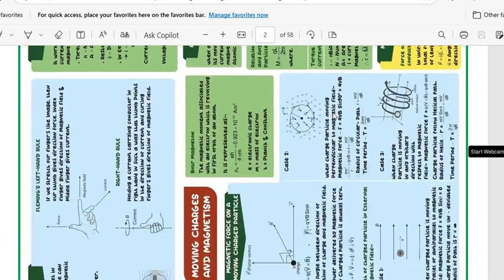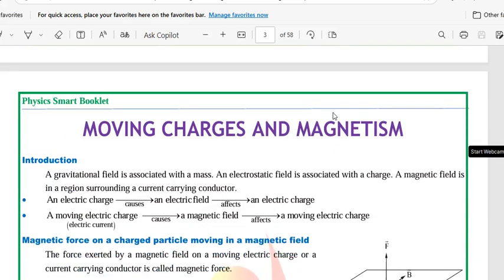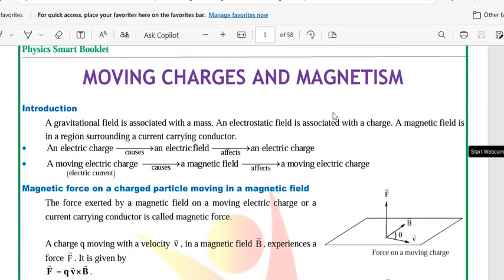So, you all know about charges. How these charges are going to be in the form of application of magnetism.